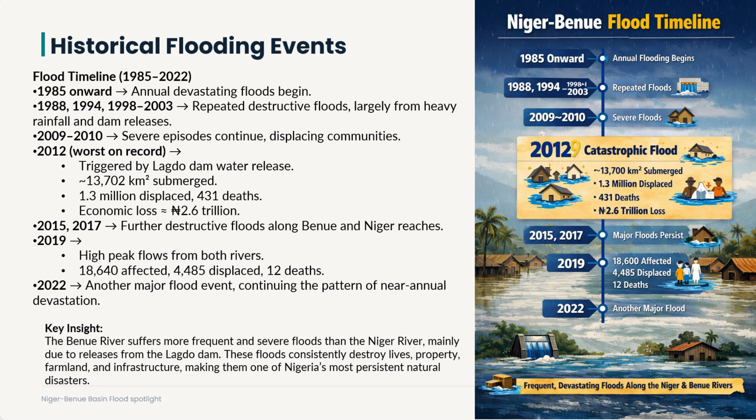Major floods such as the catastrophic 2012 event submerged over 13,700 square kilometers of land, displacing 1.3 million people, caused 431 deaths, and cost Nigeria an estimated 2.6 trillion naira in damage. More recent floods like the 2019 still displaced thousands and caused fatalities, underscoring the persistent threats to lives, properties, and agricultural land.